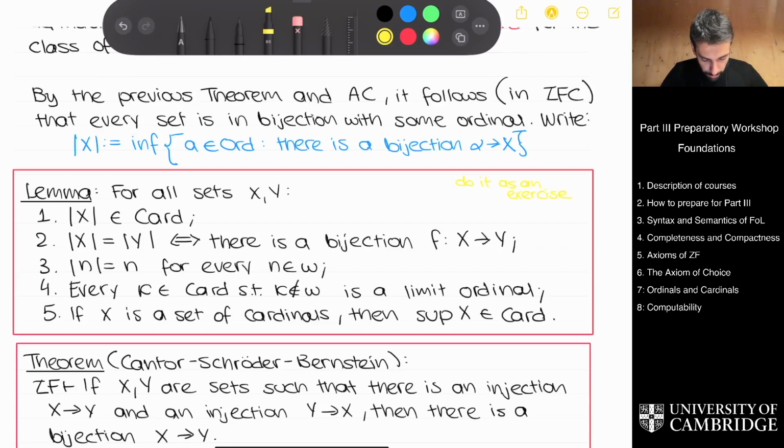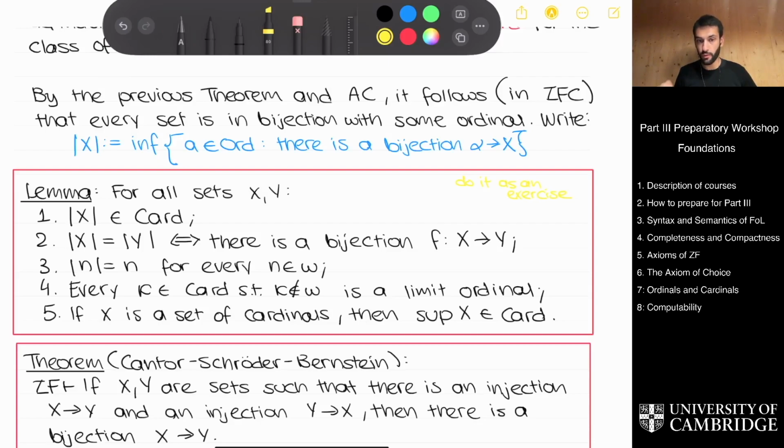The fourth point is that any cardinal which is not finite, so every infinite cardinal, is a limit ordinal. This is easy to show. Why is that? Because if alpha is an infinite ordinal, the successor of alpha is in bijection to alpha.